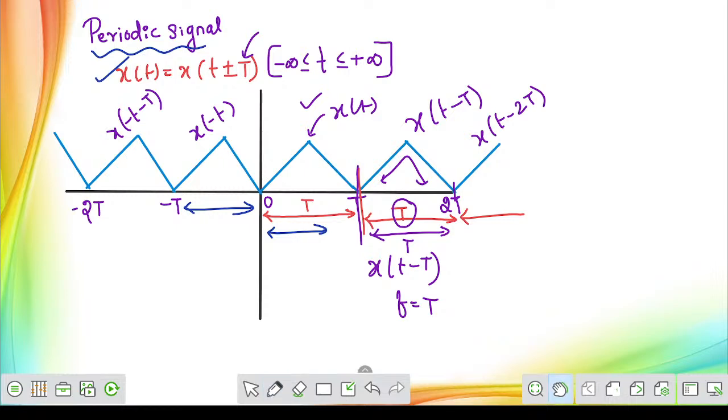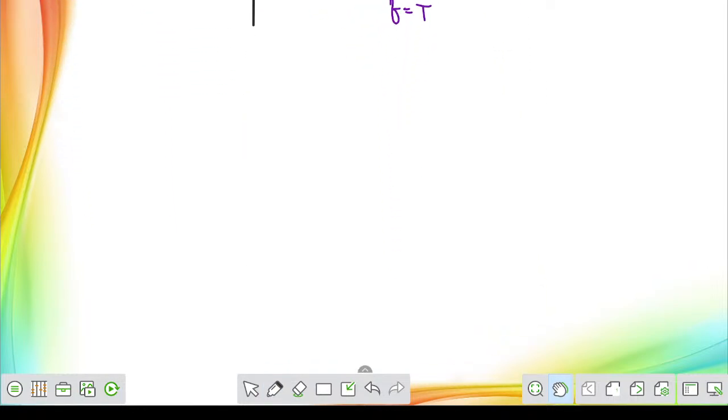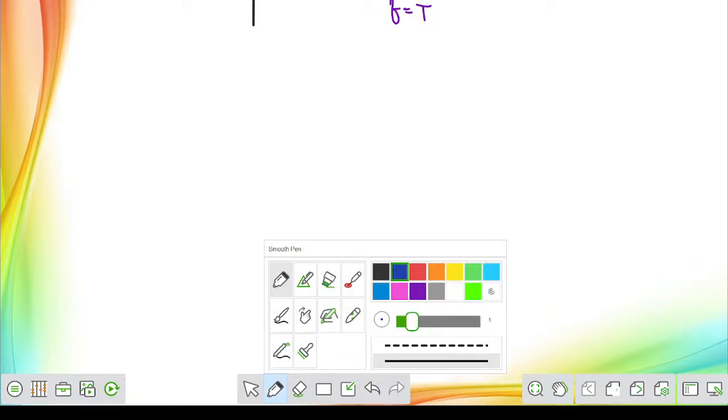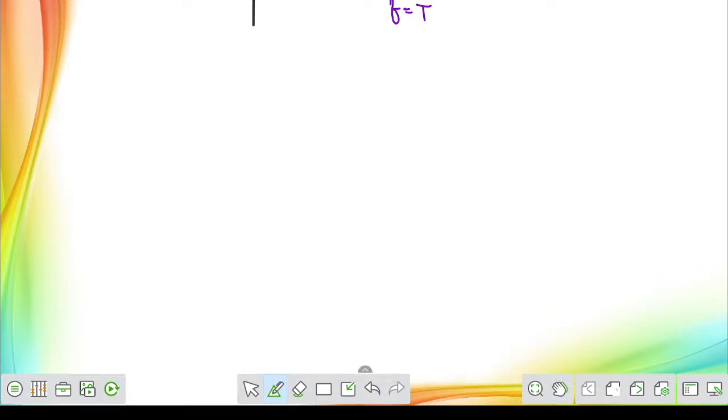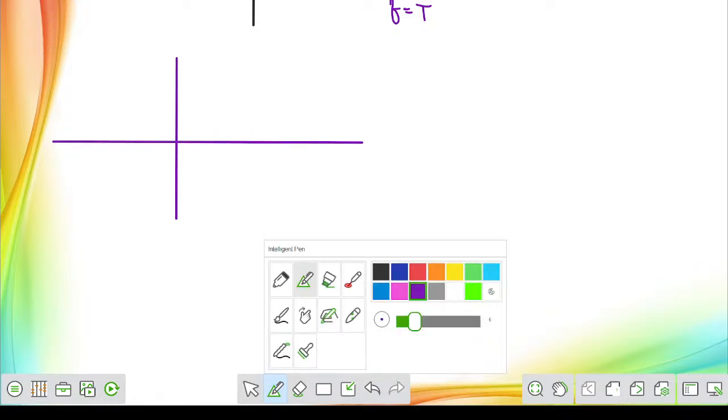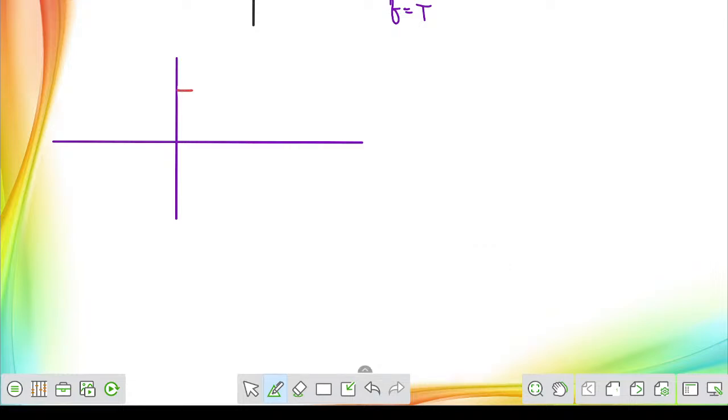Suppose it is given that, you can consider some other signal. For example, I am considering one more signal for your understanding. What I am going to do here is, let us take one rectangular function that will be given.